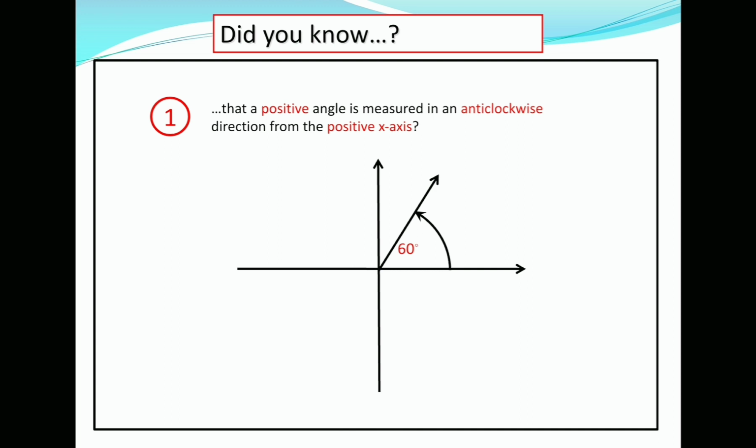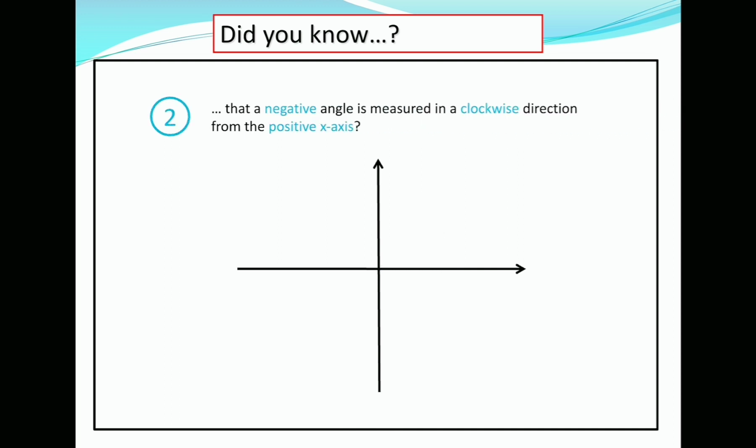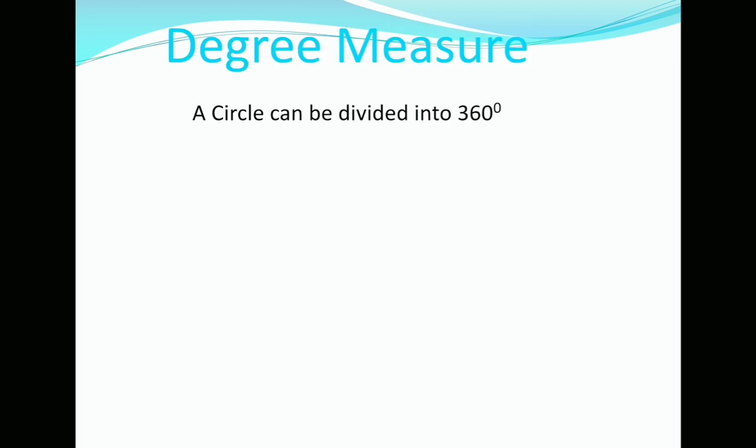So this is positive 60 degree, right? And an angle which is measured in clockwise direction from the positive x-axis is always taken as negative. So this angle is minus 60 degree. So negative or positive measure of the angle depends upon the direction in which it is measured. So for counterclockwise it is positive, and for clockwise it is negative.